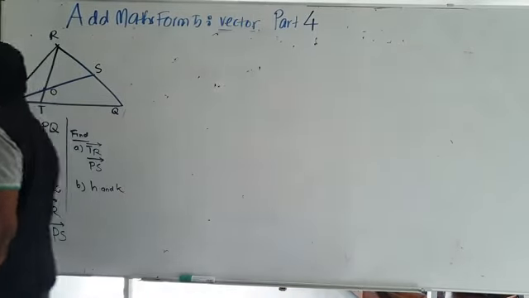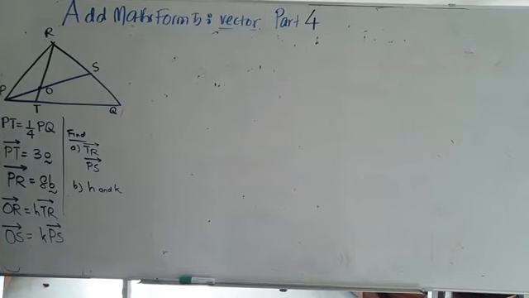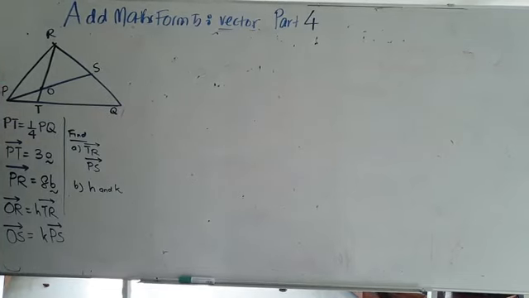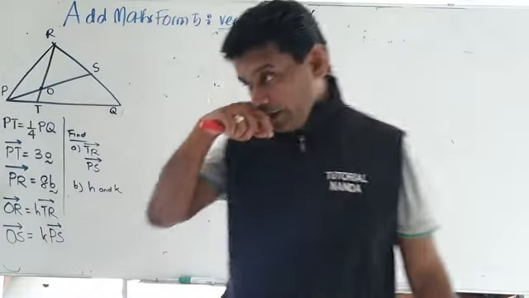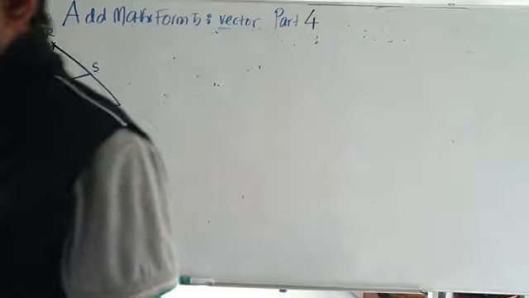The diagram now has P, T, Q. P is here, R is here at the top, S is here, and O is here. It looks like a triangle with a few lines intersecting between.